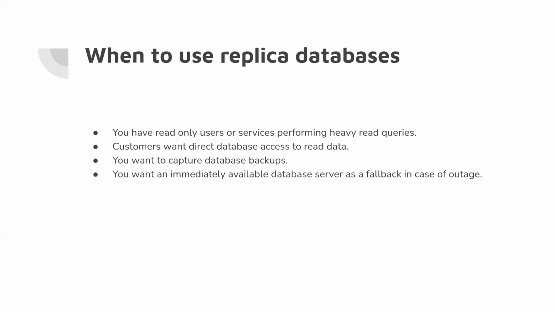If there's heavy enough read load, we don't want that load impacting the efficiency of our writes. So we'll often set up a replica that will take data from the main database, and all of our reads can happen there without impacting the performance of the main database.